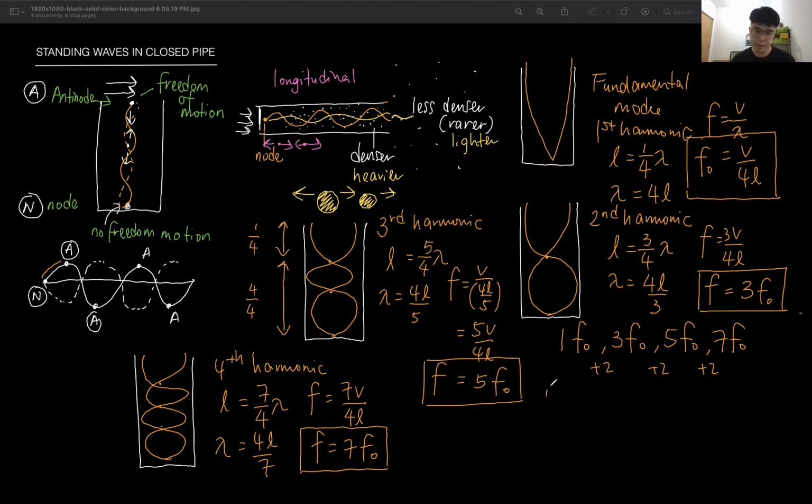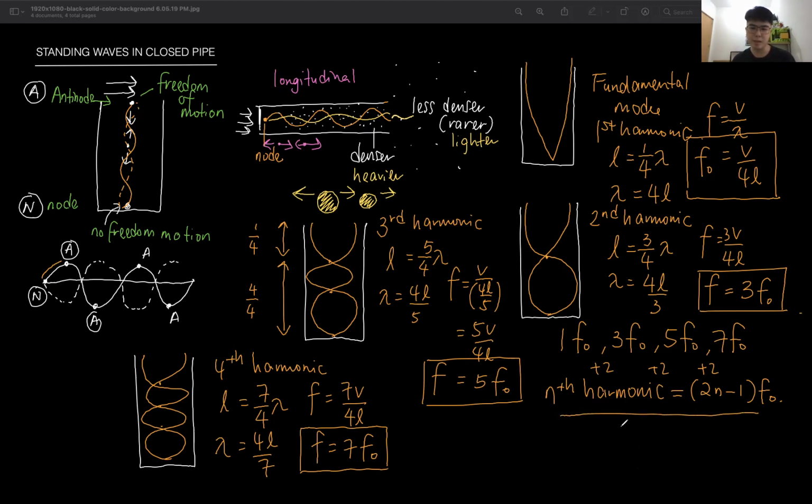So we can say that the nth harmonic is equal to (2n minus 1) F0. If I want to hear, for example, the 20th harmonic, I put in 20 here, then I get how many times the fundamental frequency.